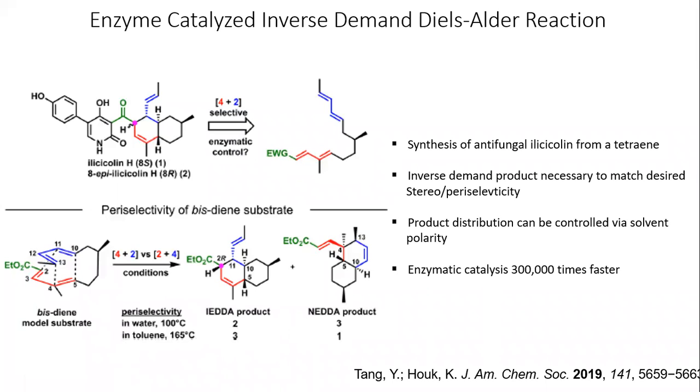And what they found out was that they could catalyze this by using a particular enzyme, and I'll show you on the next slide. With the enzyme, the reaction is carried out at a rate that's 300,000 times faster than just doing the reaction without the catalyst, in water or in toluene.